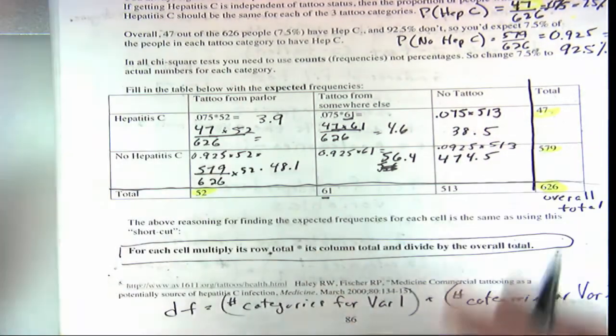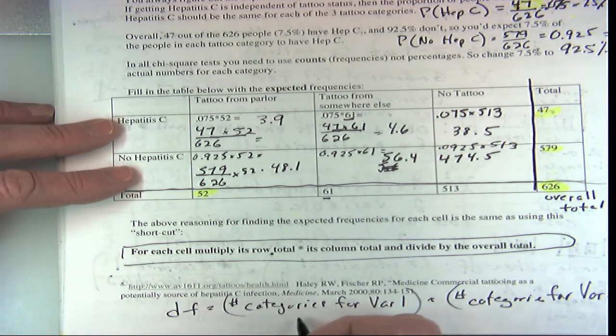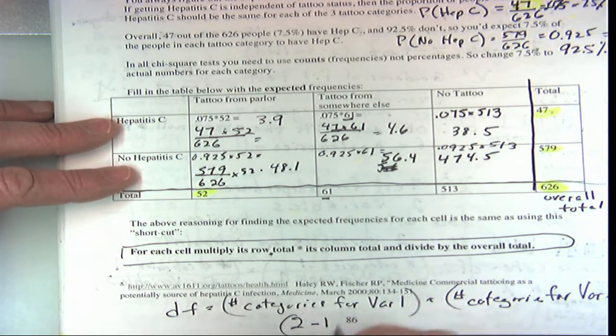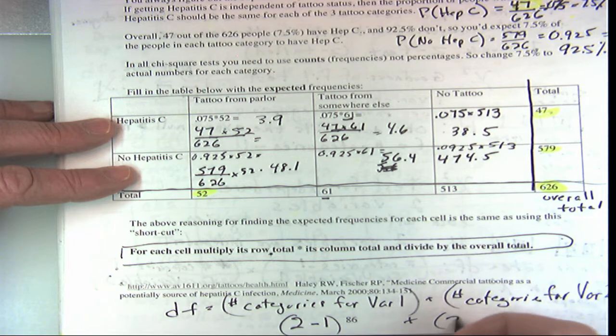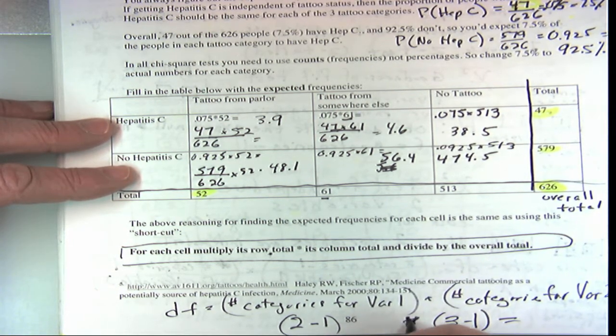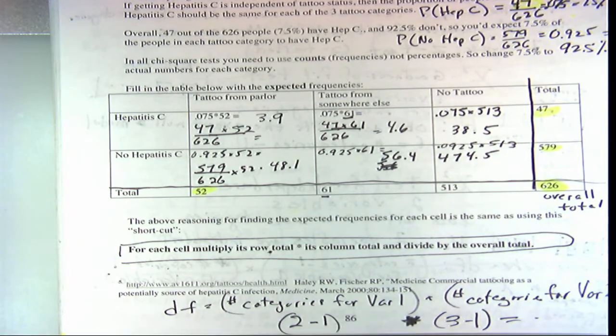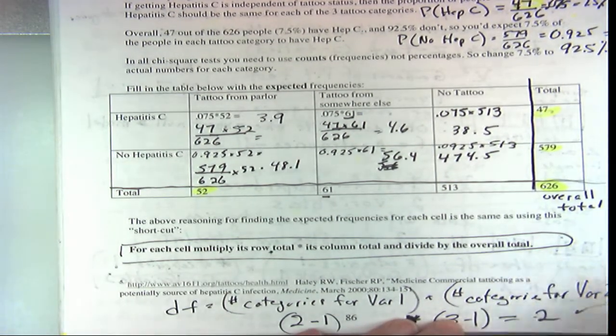And let's see if we get 2. So we have 2 minus 1 times 3 minus 1. This is times, not plus, times. And what is that equal to? That's 1 times 2. And it checks with what we saw.